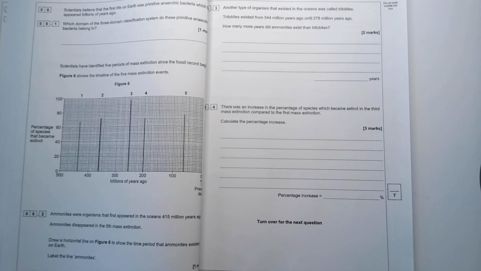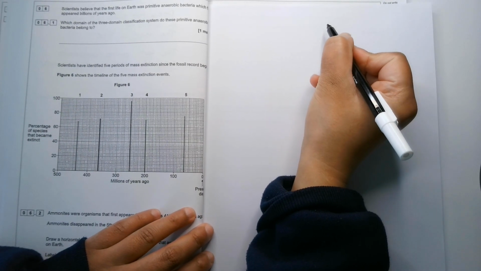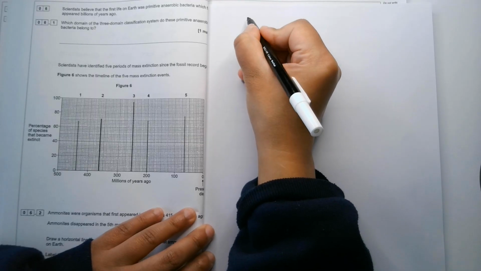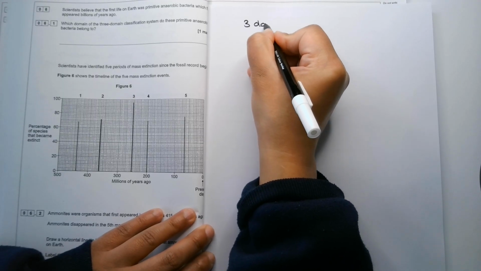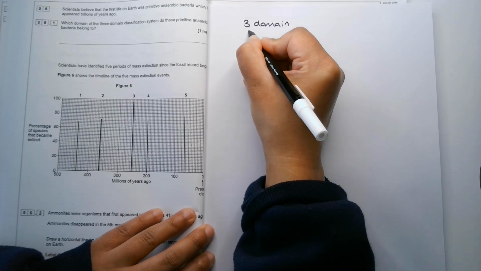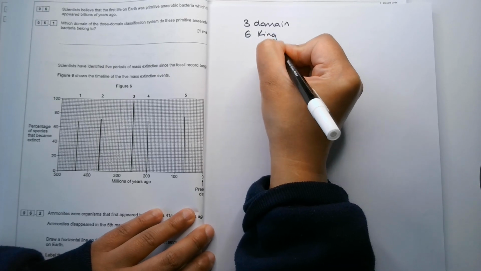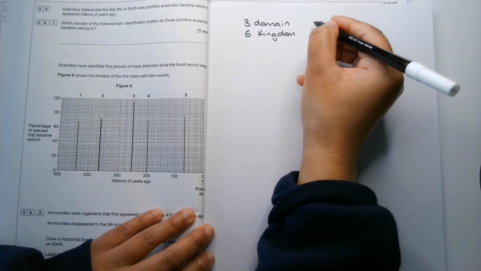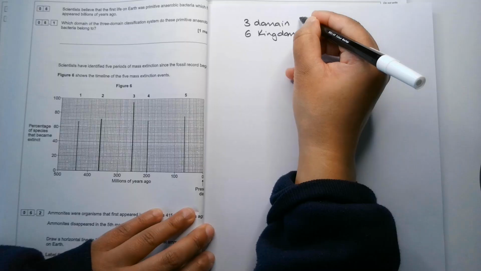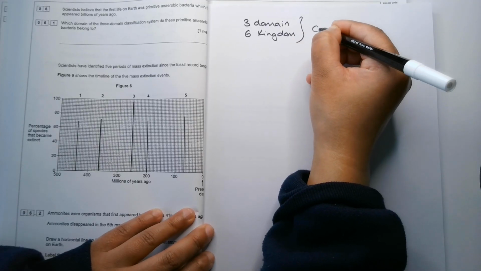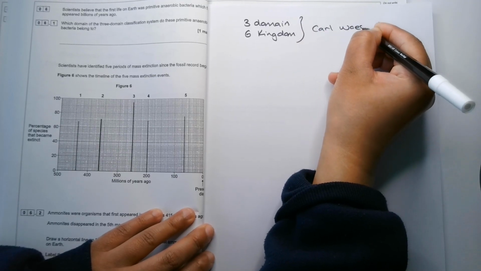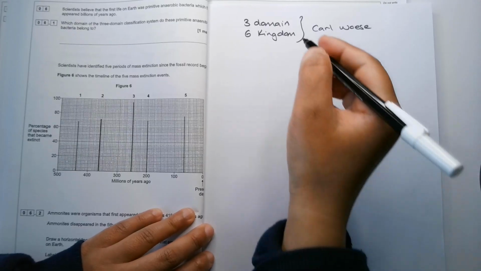So what I'm going to do is if I just quickly do a recap. Okay, so this is looking at the classification system. So the 3-domain, 6-kingdom classification system was proposed by Carl Woese, and that wasn't very long ago.